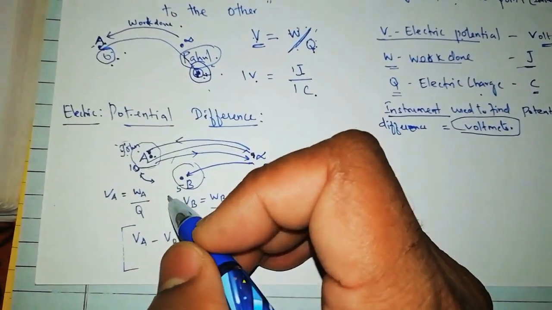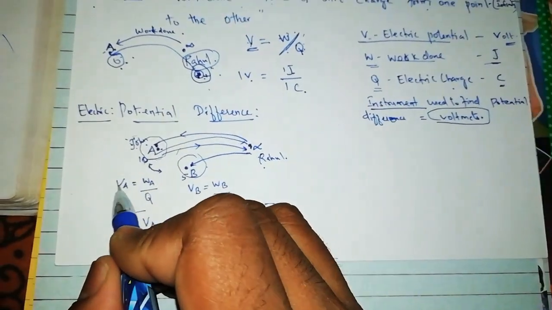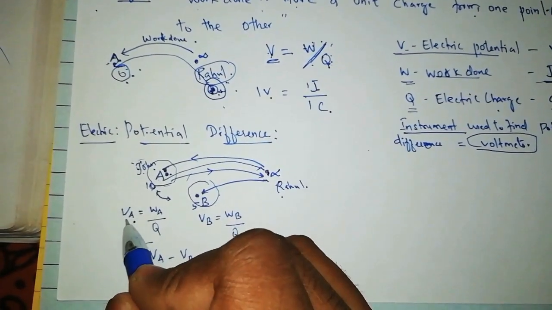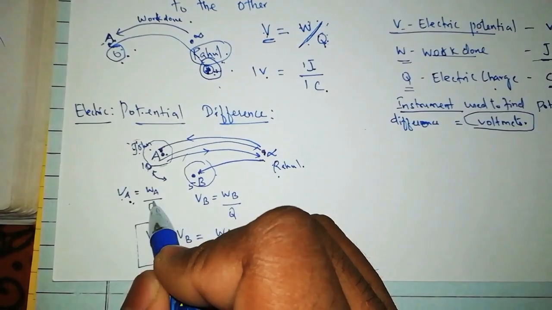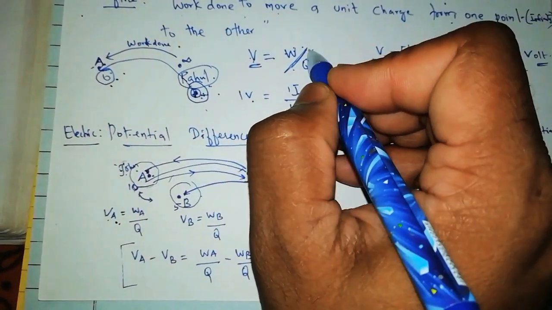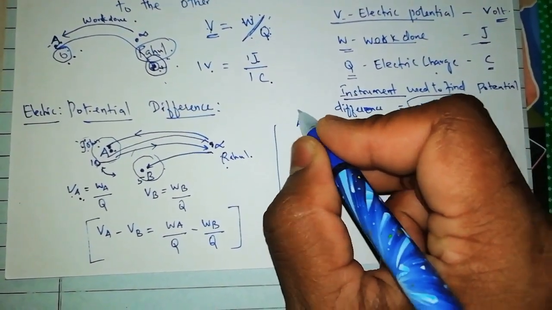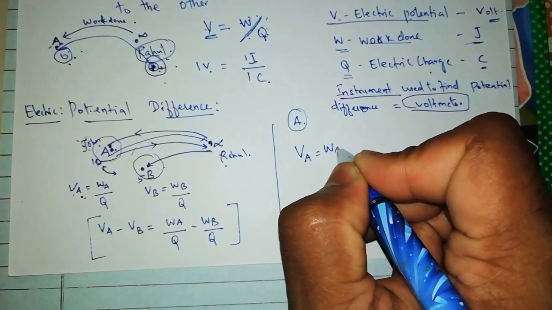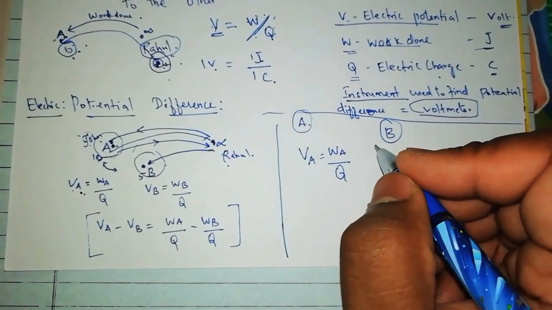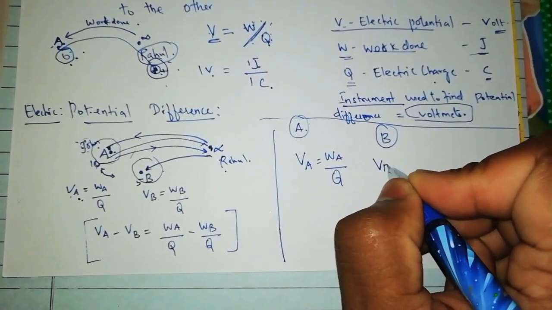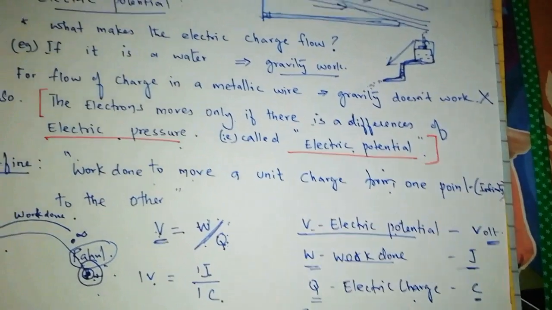So what is actually potential difference? The first time, potential VA is equal to work done WA divided by Q, up to A, so WA by Q. Second time he can't come up to A, so he came up to B only, and for that VB is equal to WB divided by Q. I'm using the same formula.